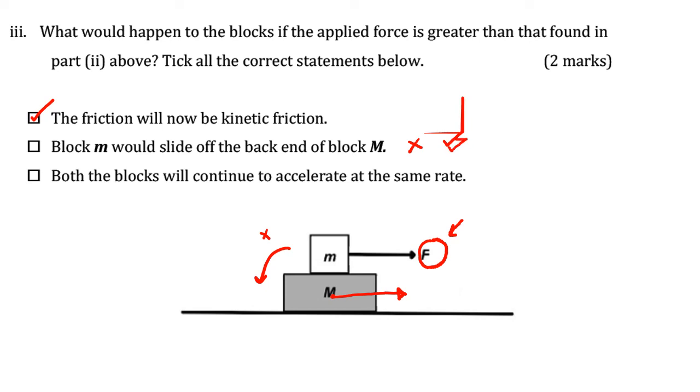Alright. Both blocks will continue to accelerate at the same rate, so this is wrong because again they would now be moving separately. They will be moving in opposite directions as a matter of fact, so they will no longer continue to accelerate at the same rate. They could only continue to accelerate at the same rate if they move as one and are considered as an entire system.